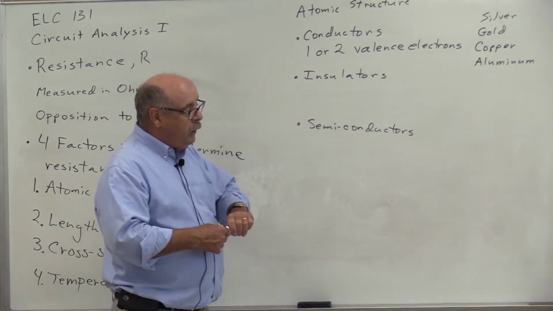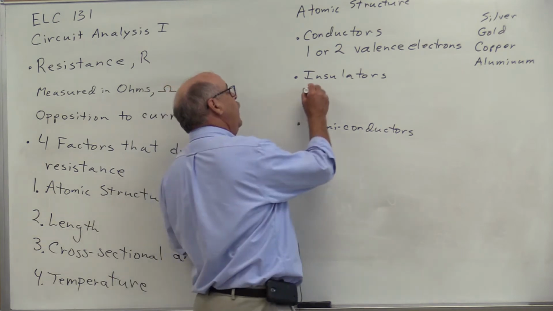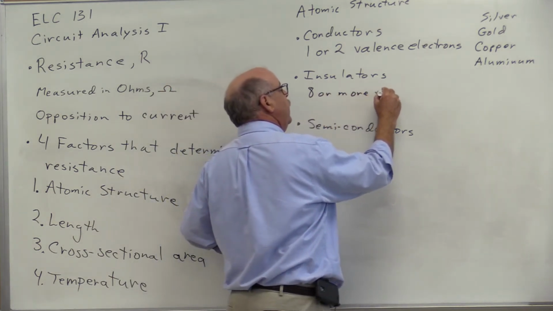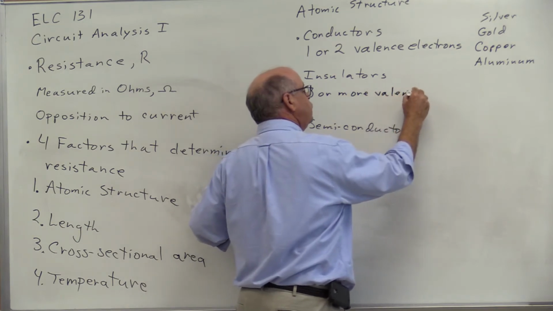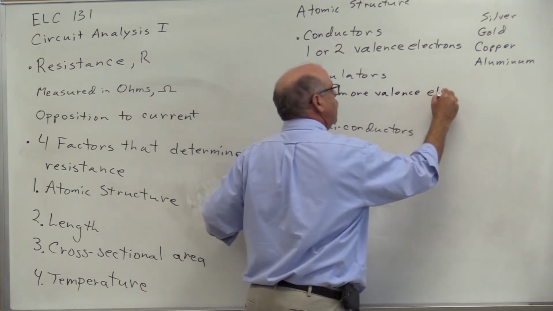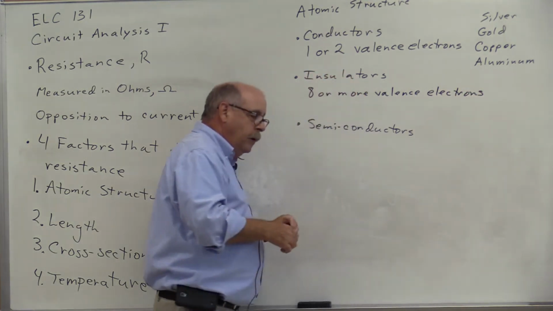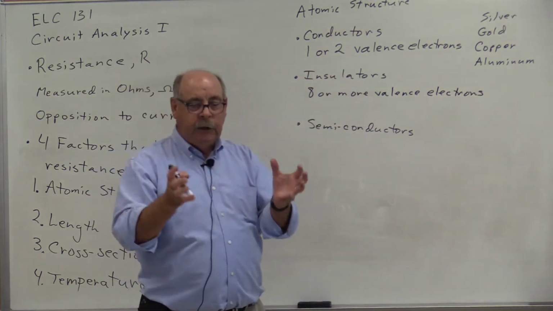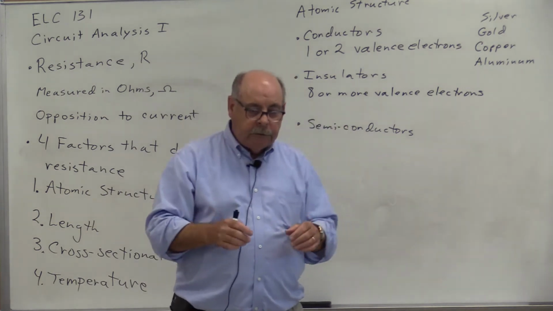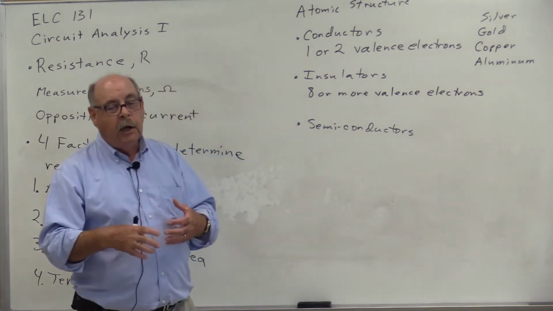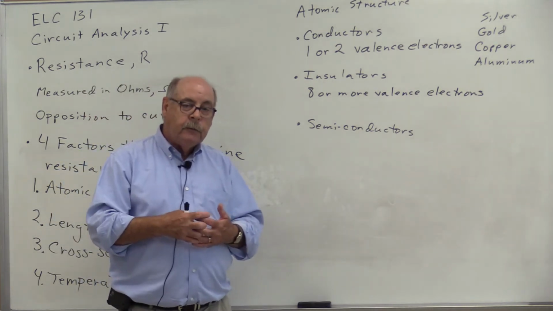Now, insulators have 8 or more valence electrons. With a filled valence shell, that means there's 8 electrons in the valence shell, it takes a lot of energy to knock an electron loose.